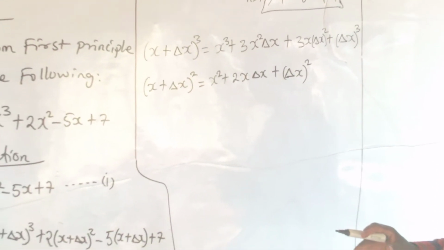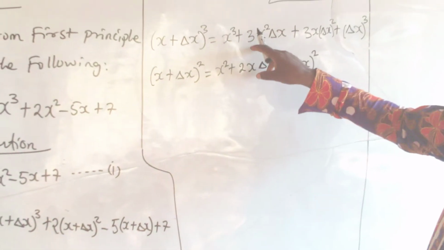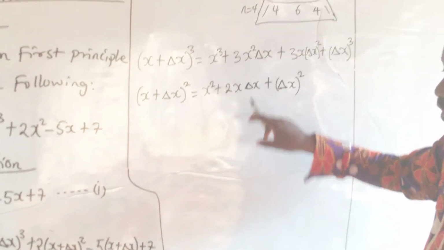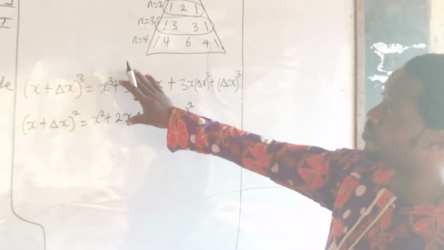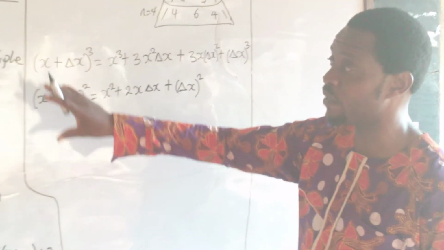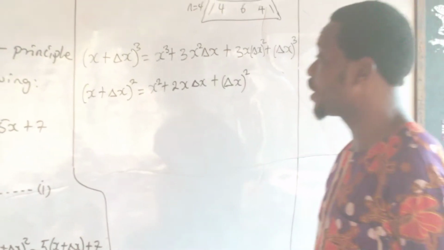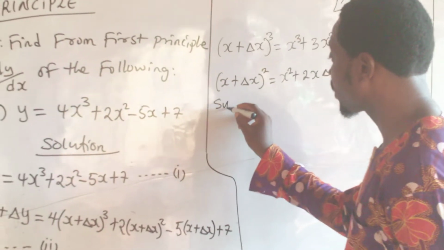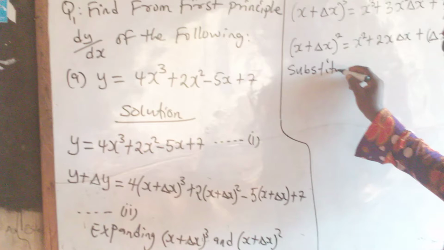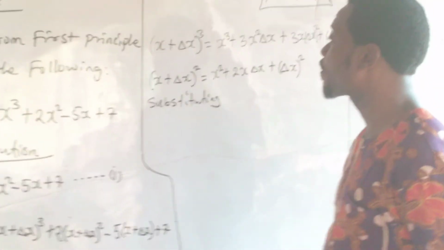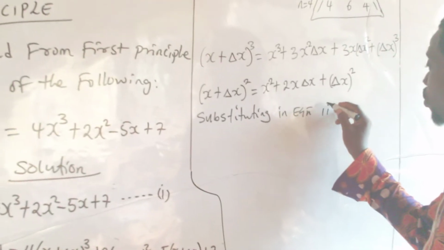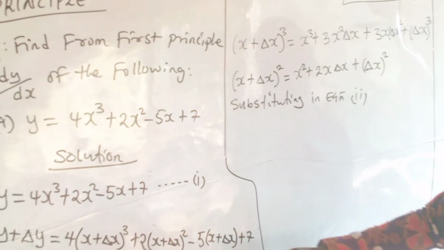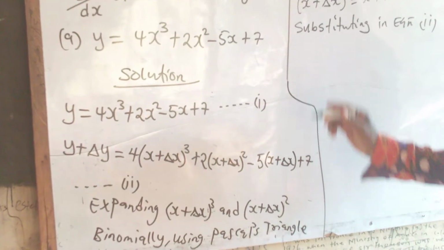Okay. So what you now do, you will now substitute these values in equation 2. Because remember, we are not doing binomial expansion. What we are doing is a differentiation. So we now say substituting in equation 2. So you come to this equation 2. You start again.